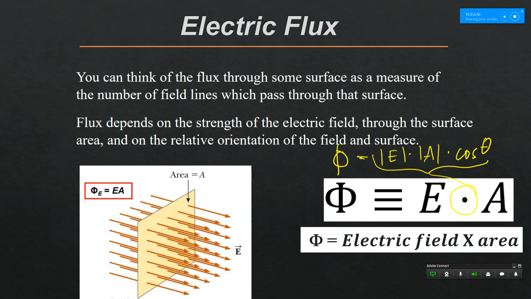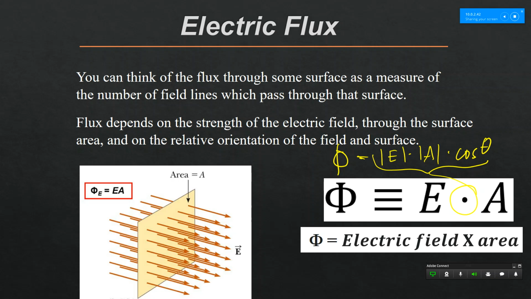A dot product is where you're taking two vectors and you multiply them along a certain angle. So if there was a 0-degree angle between the electric field and the area, then the cosine of 0 degrees would be 1, and your flux would be at its maximum possible based on the electric field and the area.